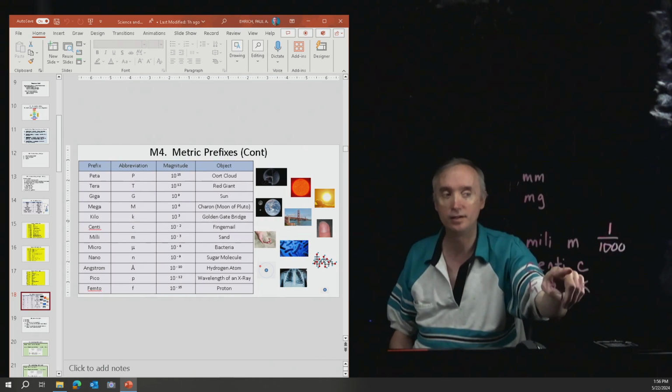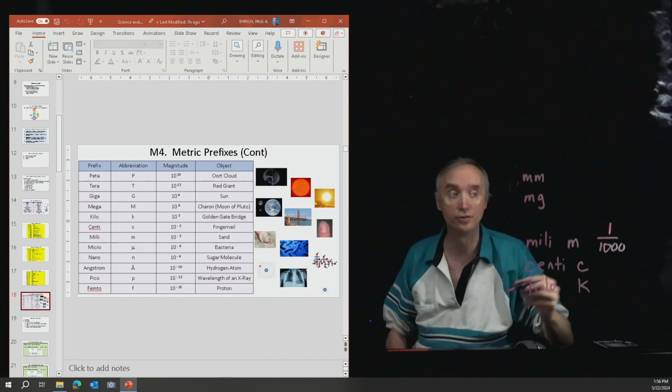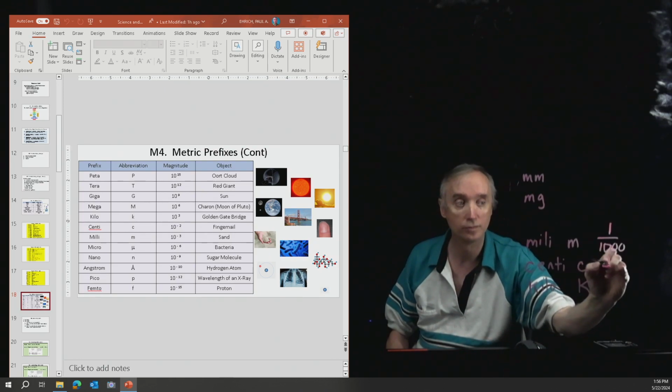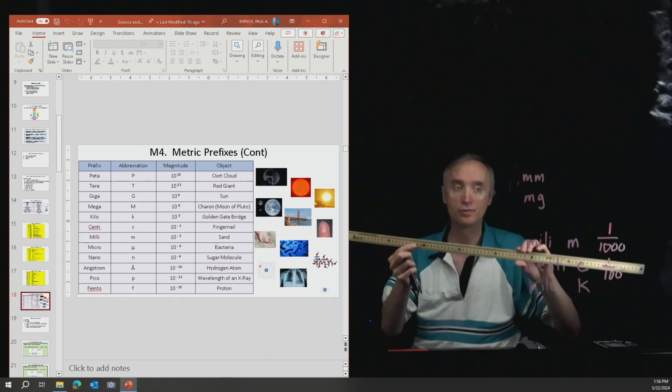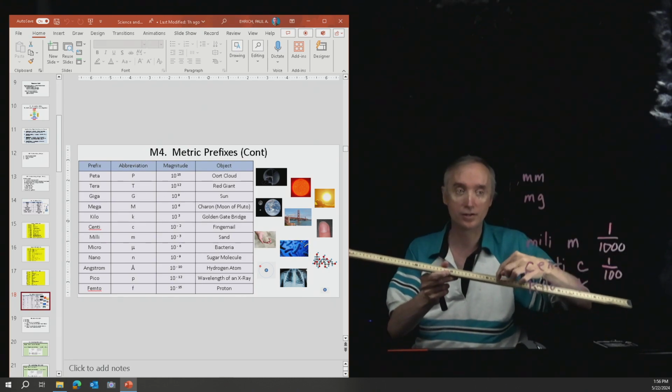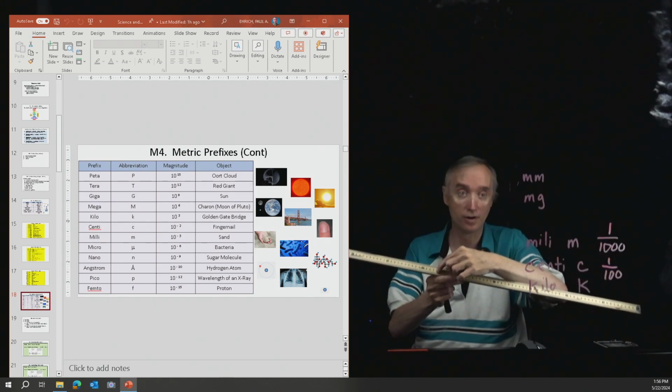Now centi means 1/100th of something. So on your meter stick, those are the actual numbers that are on here.